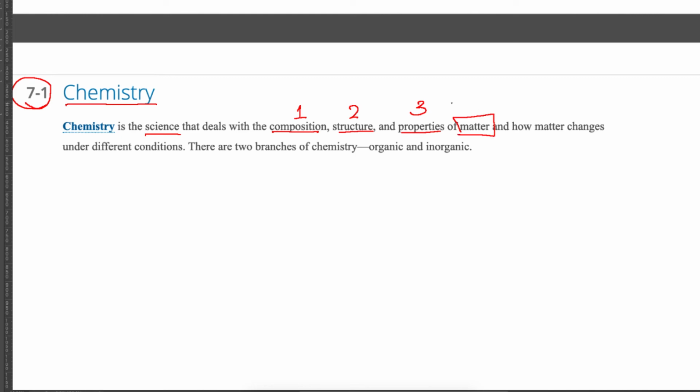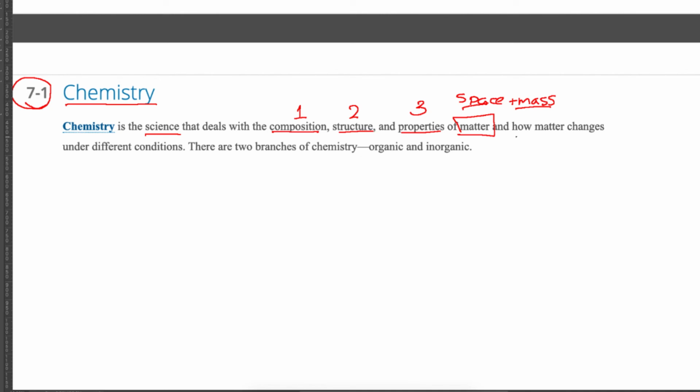And what is matter is anything that takes space and has mass. So those two things is what matter is made up of. In other words, that's what matter is defined as: anything that takes space and mass.